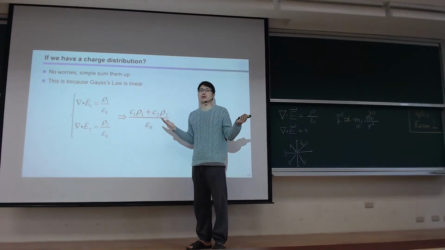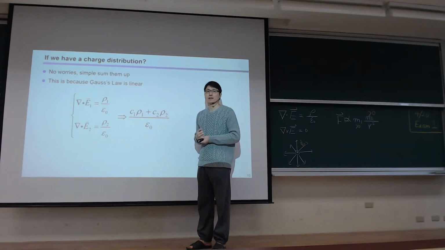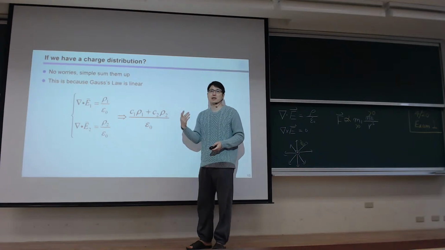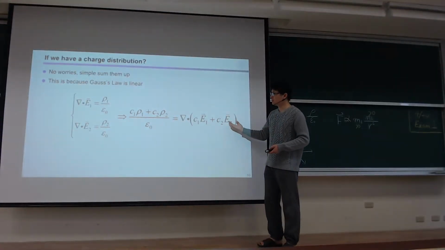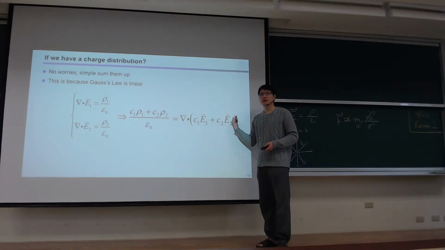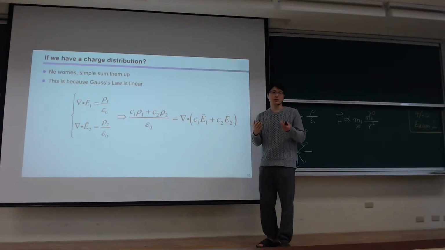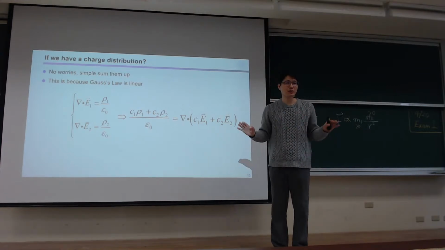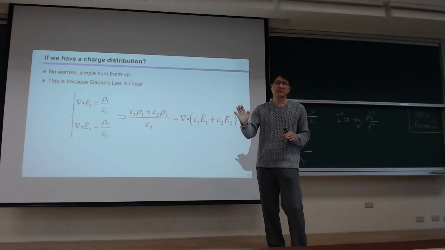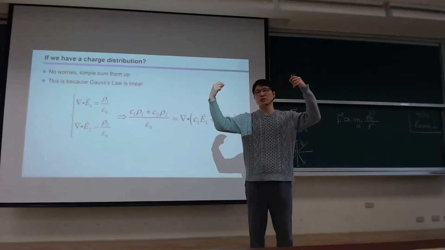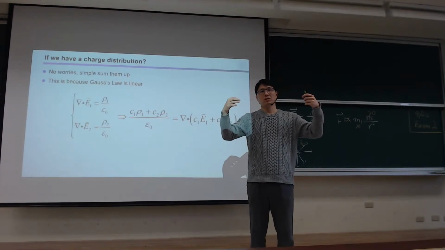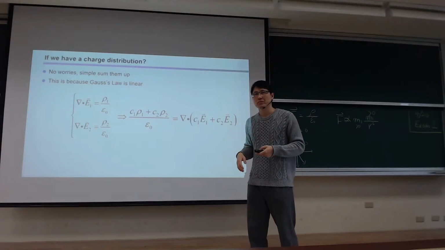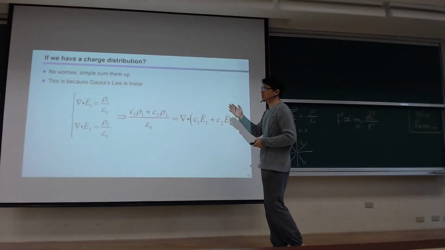C1, C2 is just a coefficient. So if you mix these two together in any ratio, it's okay. All you have to do is multiply E1 and E2 by the corresponding same ratios. So there's nothing to fear. Coulomb's law tells us once we know the force between two charges, if we have more charges, we just add them all up, because we have a linear relationship.